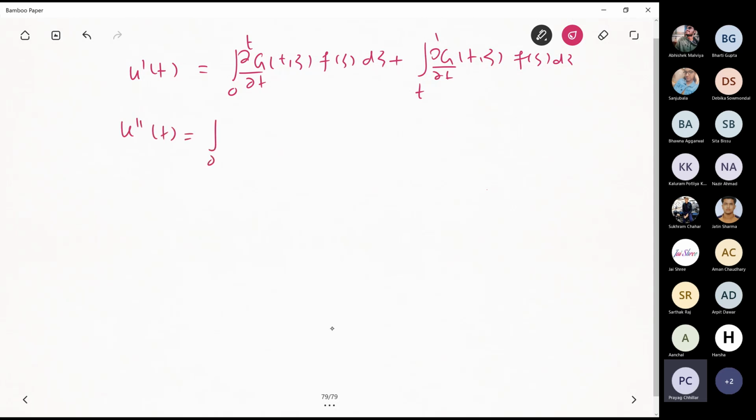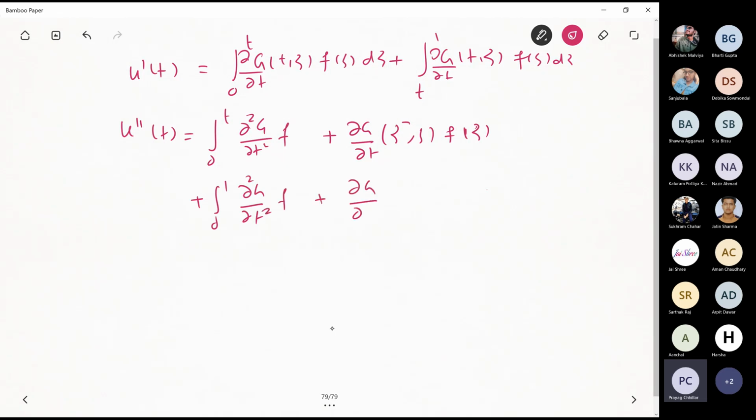The first term is taking the derivative inside, and the other one comes from the Newton-Leibniz formula by differentiating the limits, which gives dou G by dou t at xi minus and xi plus times f(xi), with the second one with minus.